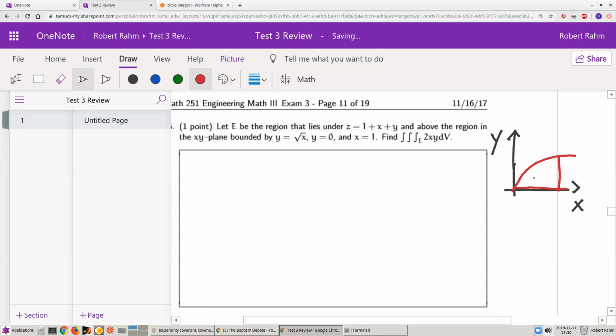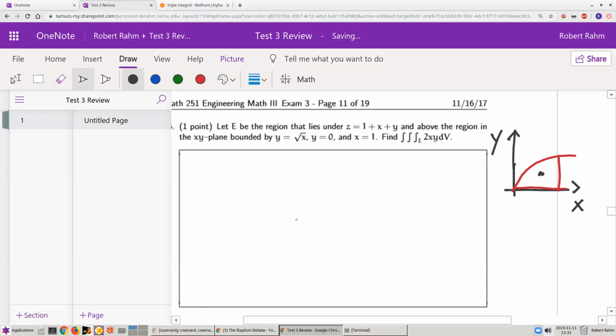So this is the base of the shape that we're integrating over. The floor is the xy plane, and the ceiling is going to be this plane here. So then the z integral: for every fixed x and y value in this region here, z is going to go from 0 up to 1 plus x plus y.